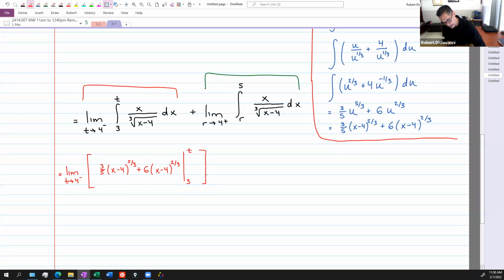And then plus the limit as r goes to 4 from the right, with that same antiderivative, 3/5 (x minus 4) to the 5/3 plus 6 (x minus 4) to the 2/3, evaluating that from r to 5.